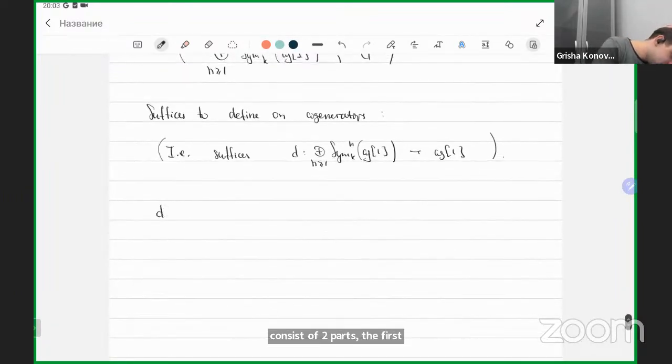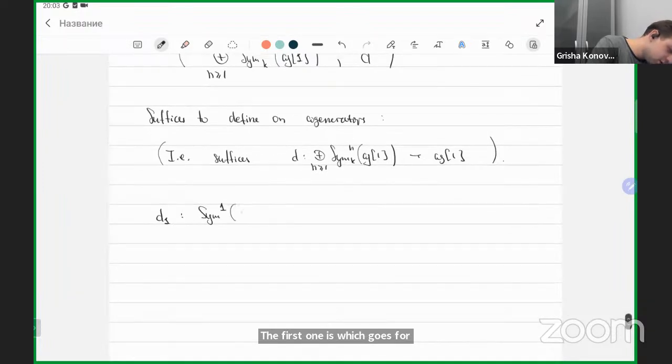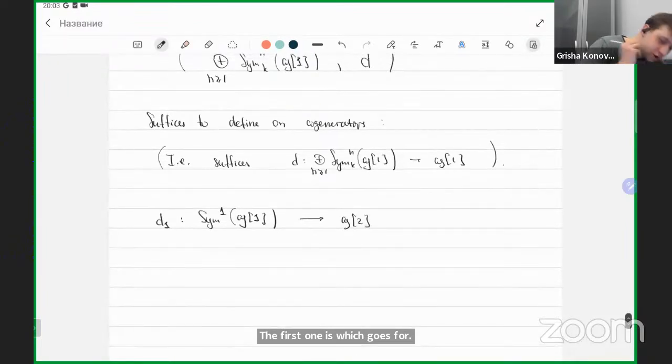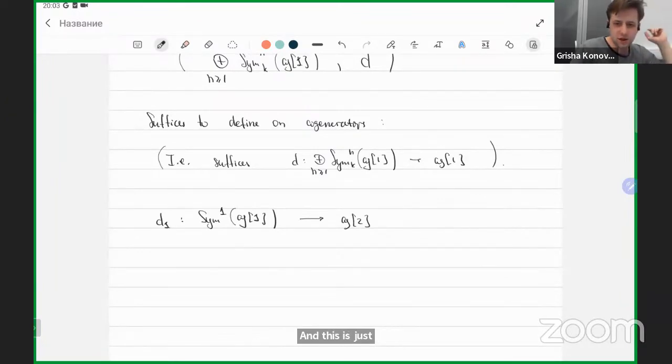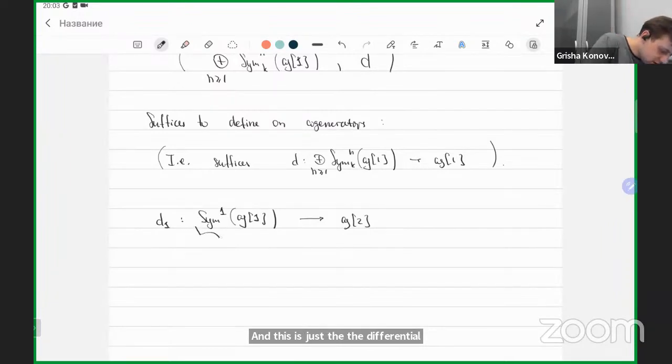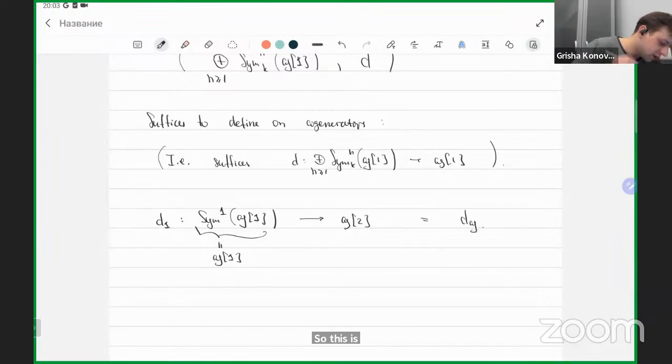The first one is d1, which goes from g shifted by 1 to g shifted by 2. And this is just the differential that the Lie algebra had. So this is just the differential of the Lie algebra.